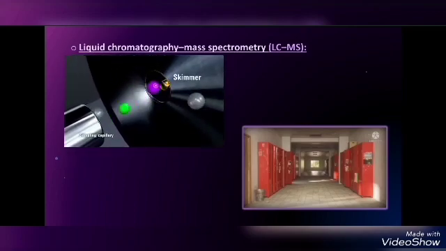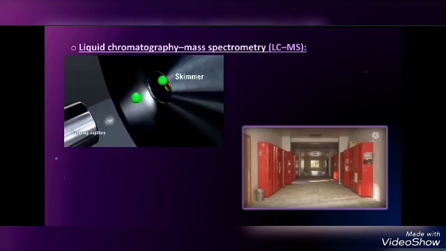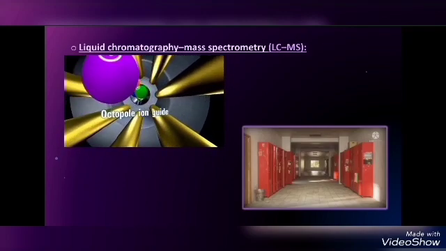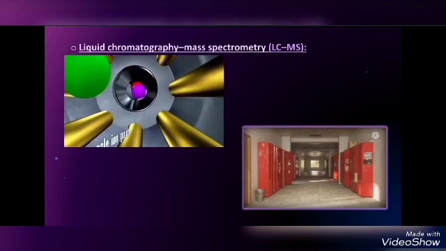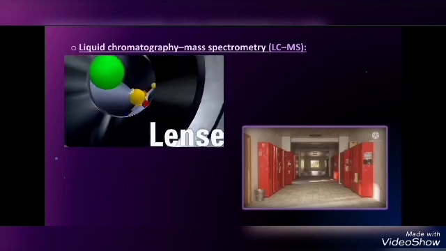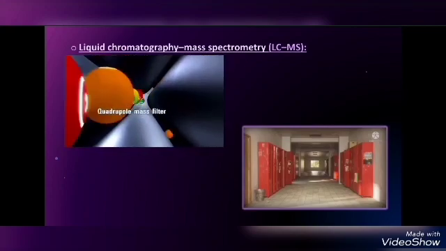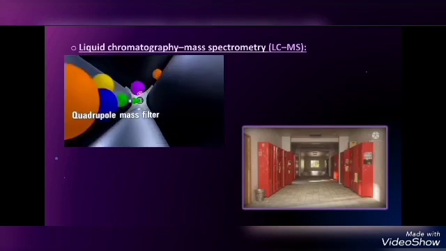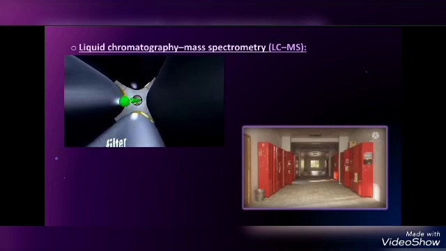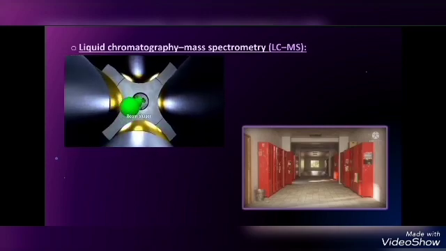Then to the skimmer, the octopole ion guide, and then by lenses, ions get into the quadrupole mass filter. Then to the beam shaper.